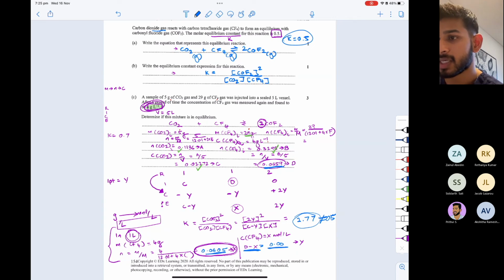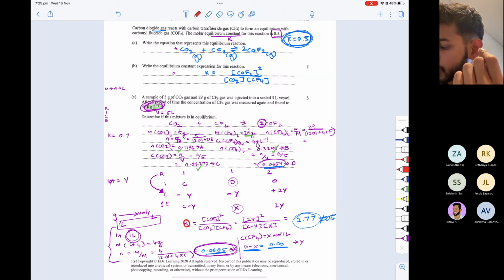Now, when it comes to naming and wording, let me just explain this to you. Does everyone see how we found a K value, but we weren't sure if it was equal to the K value, which is 0.5, the equilibrium constant? Now, when we're finding this formula for K, but we're not sure if the system is at equilibrium, we can't call it K. This is more of a technical thing, but it's very important.